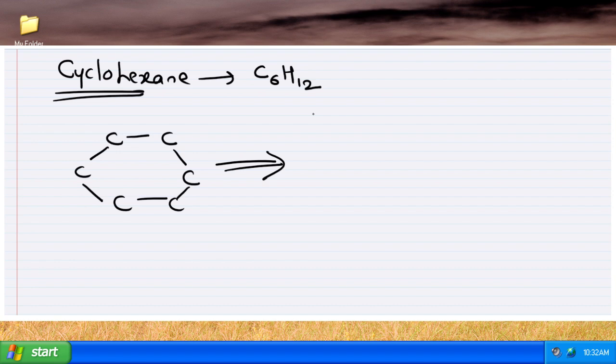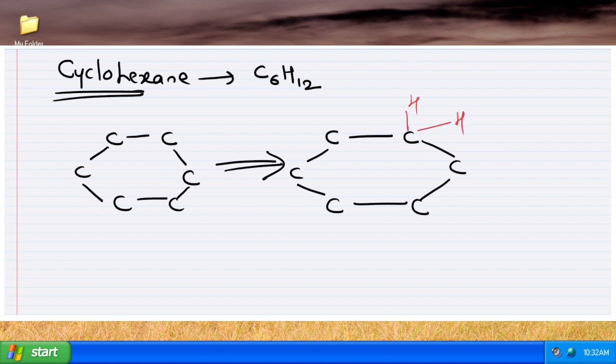So this will become like this. First of all, draw again. I'm drawing again. Here will be your carbon, then carbon, carbon, carbon. Now we have to add our hydrogens. So here two hydrogens, two hydrogens. Here two hydrogens, two hydrogens.